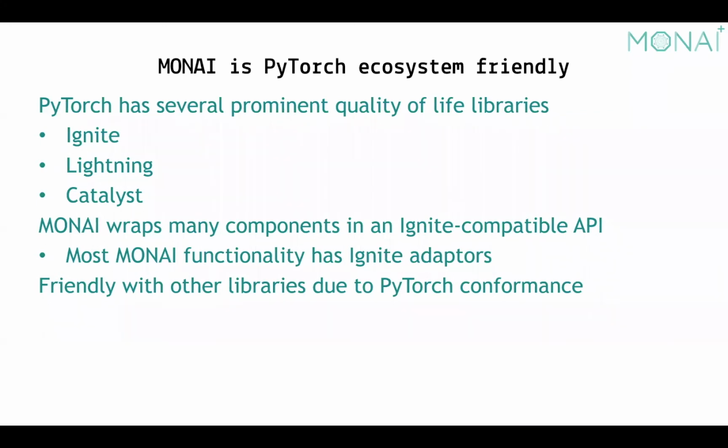And we wrap, as I said, many of our components in an Ignite compatible API. We are friendly with other libraries. You can see, for example, Lightning examples in MONAI tutorials if you're curious to see how you can interop with Lightning and Catalyst and some of the other libraries. The reason this is possible is because we provide everything as vanilla PyTorch style components.